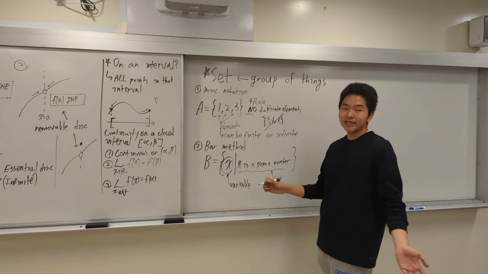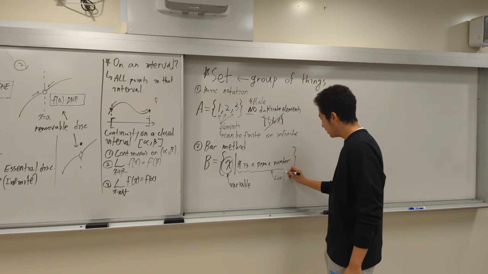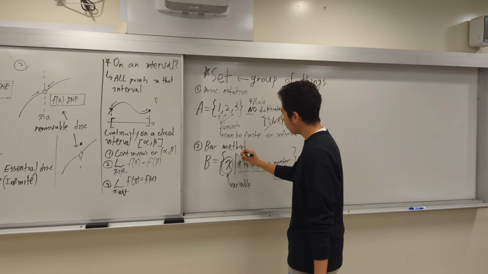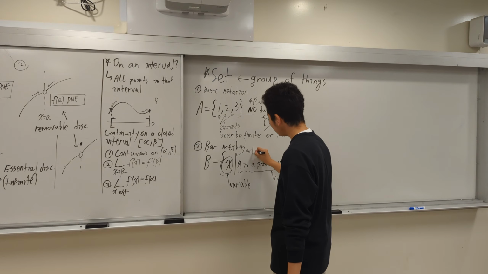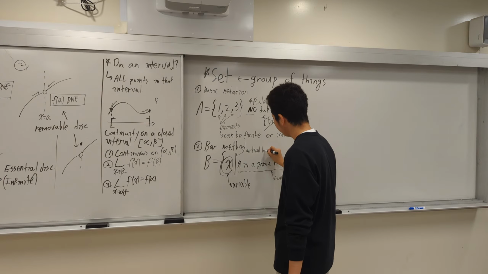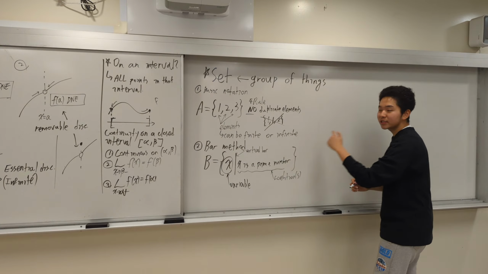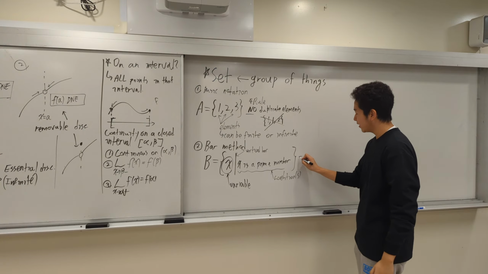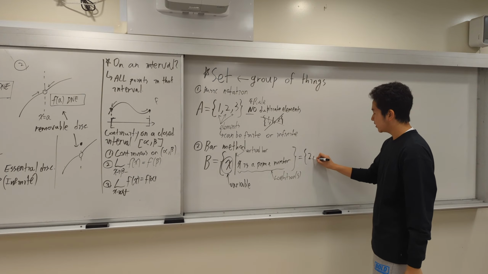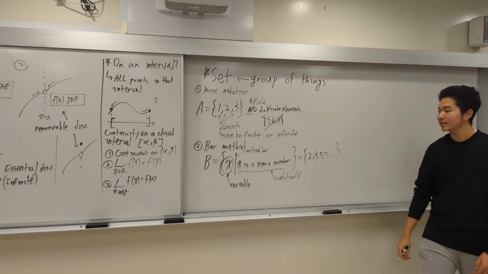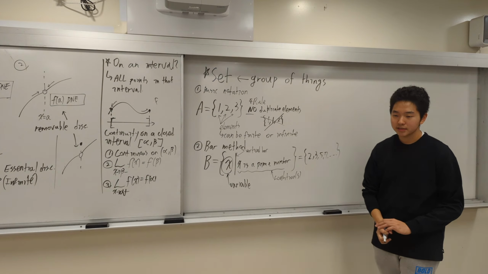You might have multiple conditions; separate them by commas. And then here's your vertical bar. So: variable, bar, conditions on the variable. So what would this set look like, guys? It would be the set of 2, 3, 5, 7, and so on, and it would be an infinite set because there's an infinite number of prime numbers.